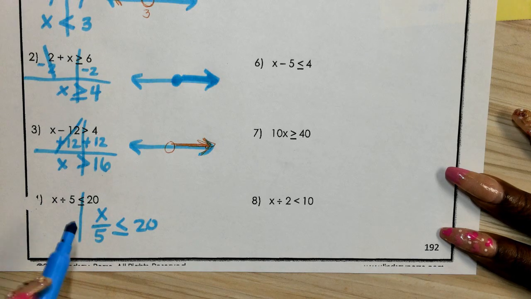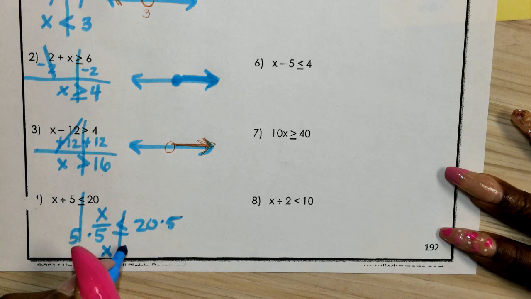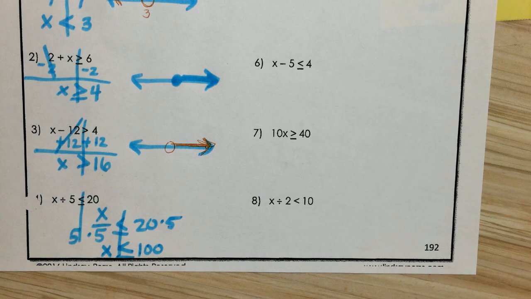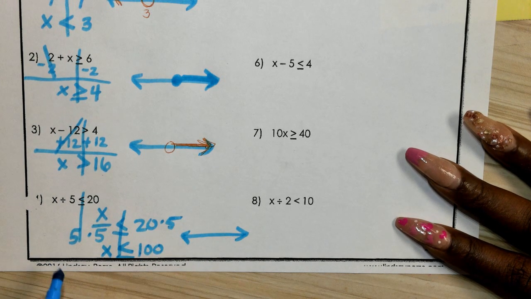So the opposite of divide is multiply by 5, multiply by 5. So x is less than or equal to 100. And again, I know this is true by graphing it. In this case, it's going to be a closed circle, and we're shading it to the left.